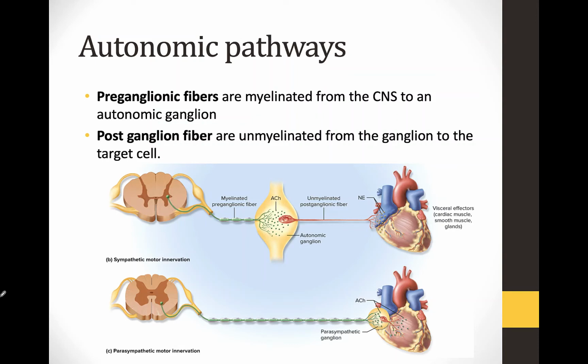This section is going to look at the actual neural pathways of the sympathetic and parasympathetic ANS. And all of these pathways are going to include, starting with the central nervous system into the peripheral nervous system, and then eventually go to some kind of target organ.